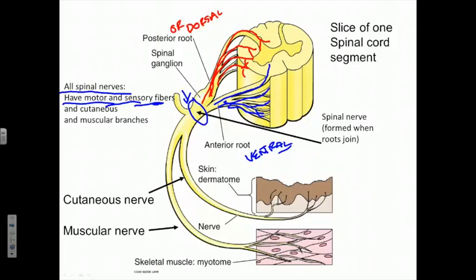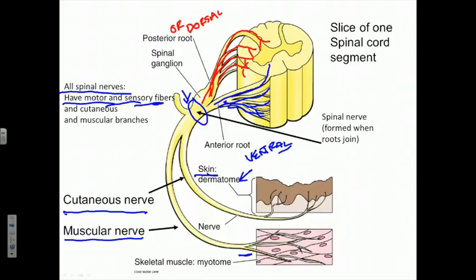And spinal nerves will then tend to branch into a series of cutaneous nerves that innervate skin and muscular nerves that innervate muscle. And these are very specific territories of innervation by a spinal nerve. We describe a dermatome. The word tome means slice or cut. Derma means skin.